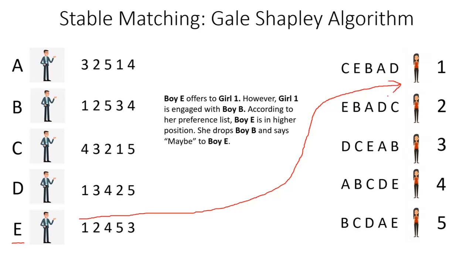But if you remember, girl number 1 is still with boy B, so she takes a look at that offer and at her preference list, and we can see that boy E is more preferable than her current partner, boy B. So she drops boy B and accepts the offer from boy E. So boy E and girl 1 become engaged, but boy B becomes single.